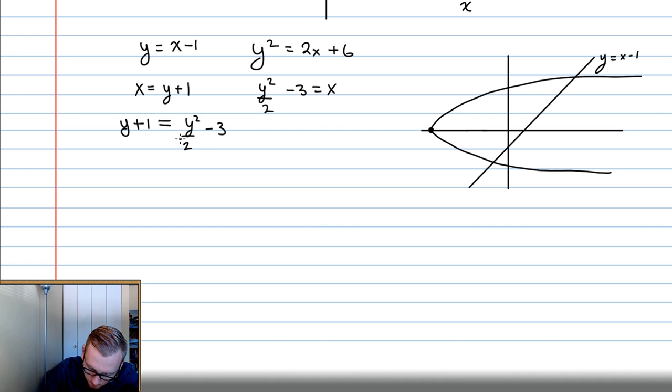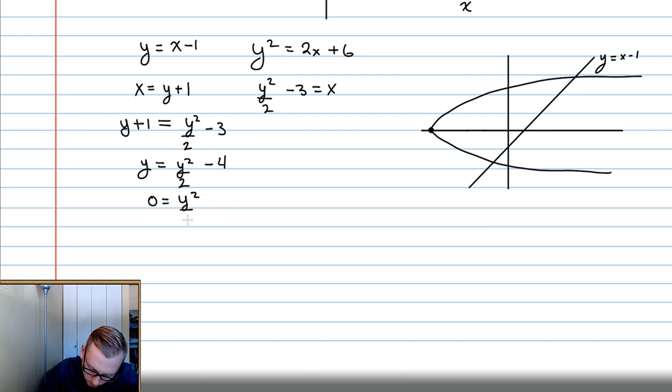Okay, so let's get this solution figured out. Let's multiply everything by 2 after we bring the 1 over. So we'd have y equals y squared over 2, minus 1 to both sides would be minus 4. We'd have 0, and now we'll bring the y over.